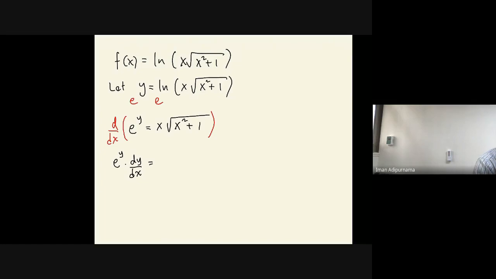And then this will be the product rule. So same thing happened here: x squared plus 1 plus 2x squared over the square root.